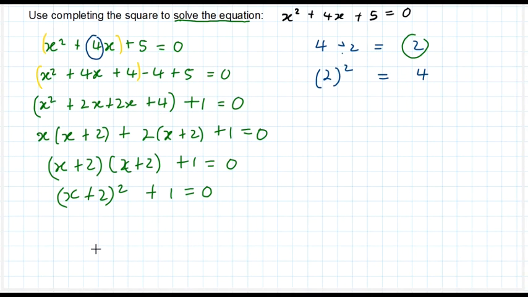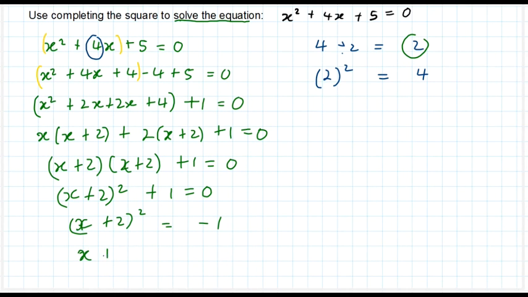So to find the value of x, we have to move 1 onto the right side of the equation, which is negative 1, and then we have to square root.